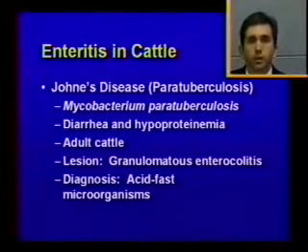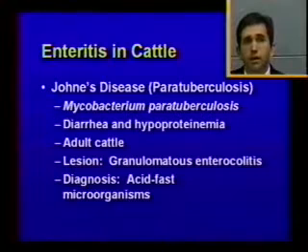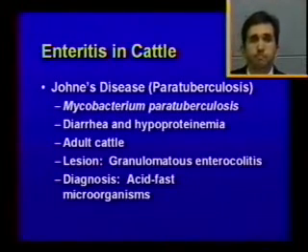An important cause of enteritis in cattle is Johne's disease, also known as paratuberculosis. It's caused by the bacterium Mycobacterium paratuberculosis, and it affects adult cattle, causing severe diarrhea and loss of protein from the body.